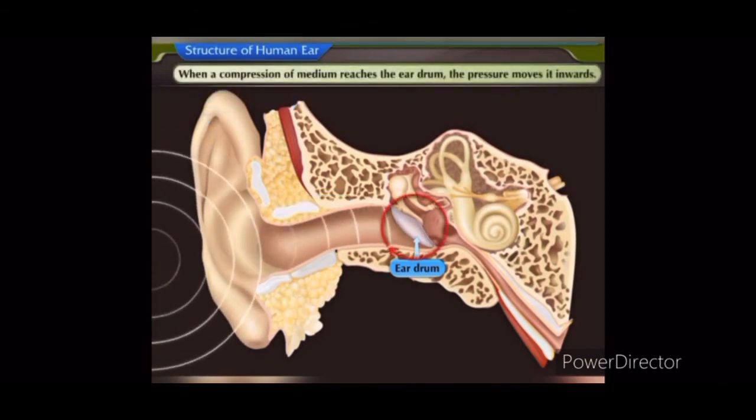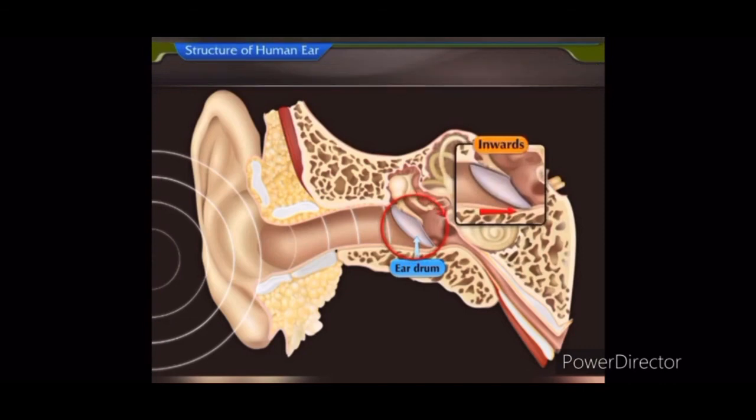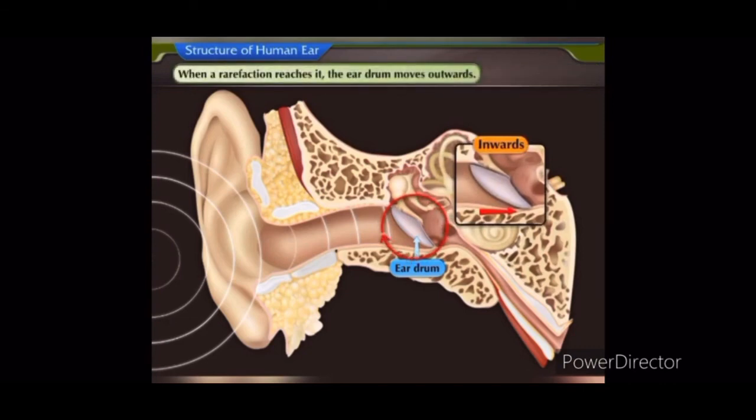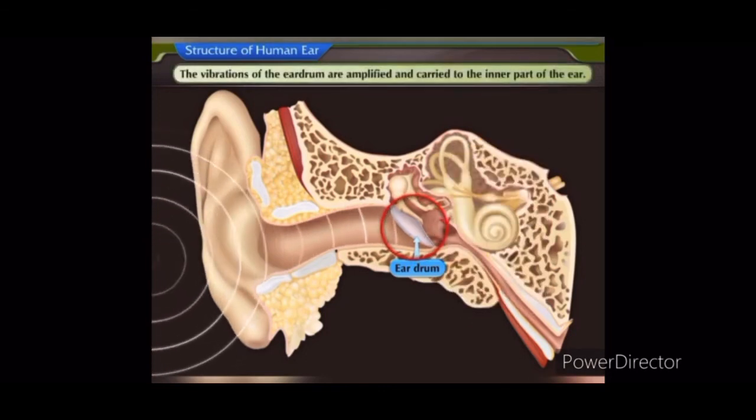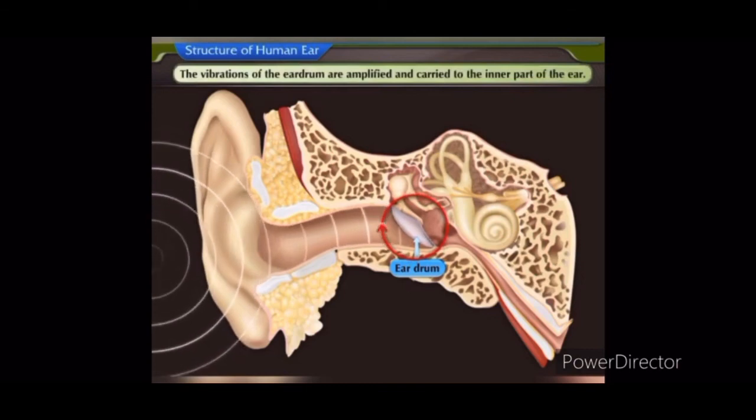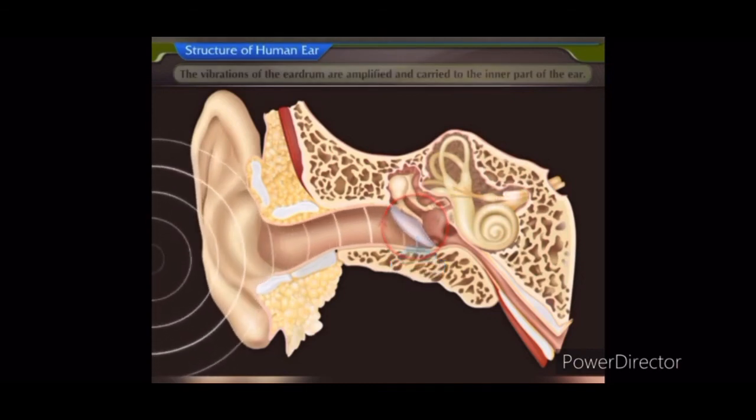When a compression of a medium reaches the eardrum, the pressure moves it inward. When a rarefaction reaches it, the eardrum moves outwards. The vibrations of the eardrum are amplified and carried to the inner part of the ear.